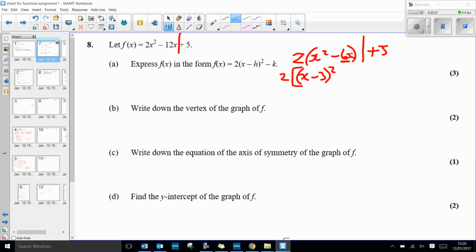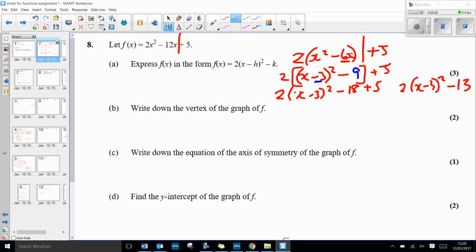And subtract this number squared. And don't forget this 2 is affecting both of these two things, so it's 2 times (x minus 3) squared minus 18 plus 5. So that gives us 2(x minus 3) squared minus 13.